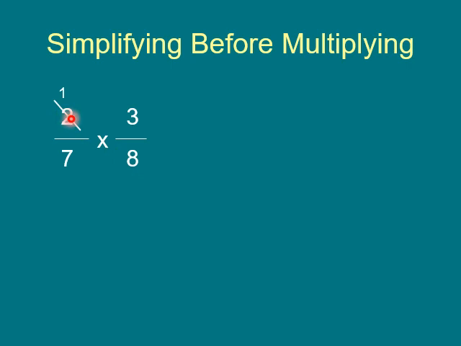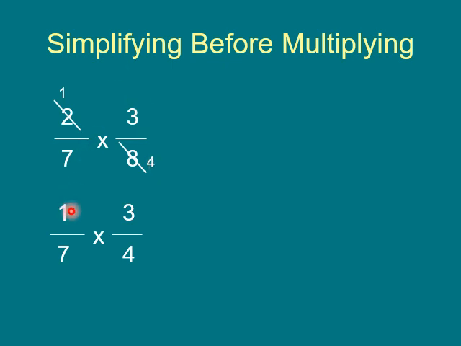Si 2 magiging 1 and si 8 magiging 4. So, na-simplify na natin kung sino ang meron. Then, we can proceed to multiplication.